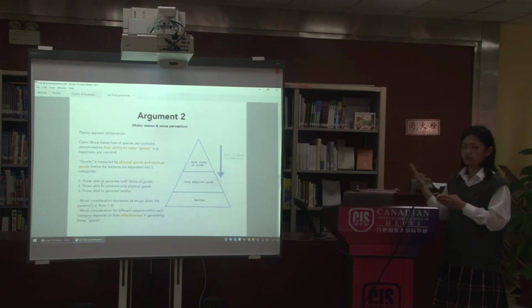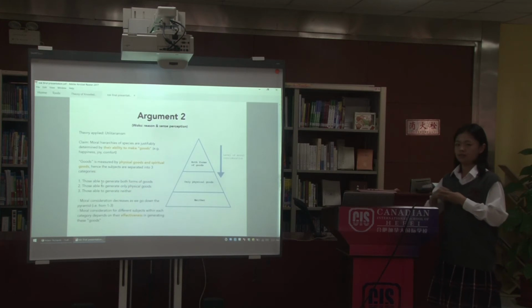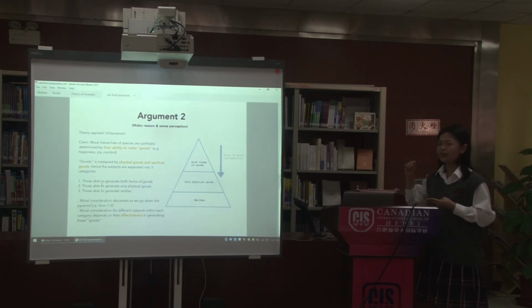We can read novels, listen to music, debate, and appreciate artwork. That's why humans deserve a higher level of moral consideration than monkeys in this case, because this species is able to generate more spiritual good. So generally, it is worth more consideration than monkeys.